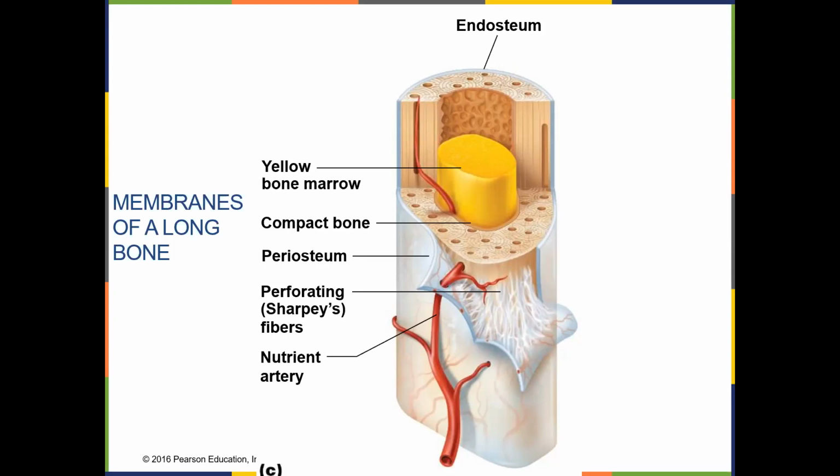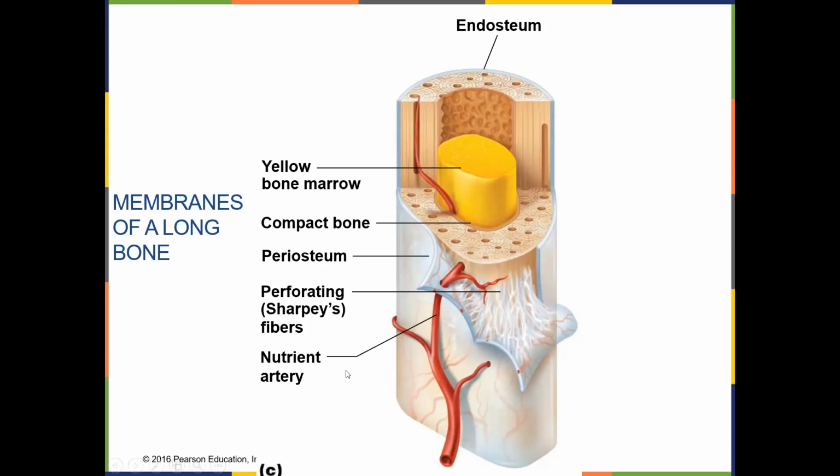Now, on the inside of our bone, well, the inside cavity, because we have compact bone on the outside and spongy bone on the inside, there's usually a cavity called the medullary cavity in the middle, and the endosteum lines the inside of the compact bone. It also lines all of the spongy bone, all of the cavities.